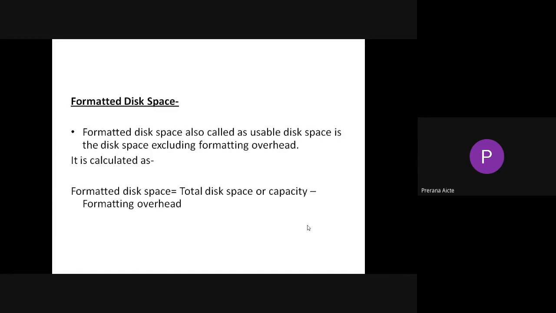Next one, formatted disk space, also called usable disk space. Usable disk space is the disk space excluding formatting overhead. Formatted disk space equals total disk capacity minus formatting overhead.